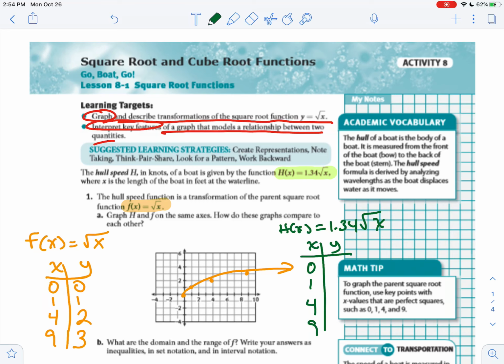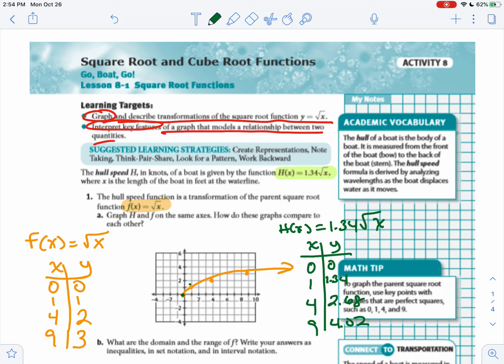My x's were 0, 1, 4, and 9. When I plugged them in, I got out 0, 1, 2, and 3. If I take those y's and multiply them by 1.34, I still have 0, then 1.34, 2.68, and 9 times 1.34 is 4.02.